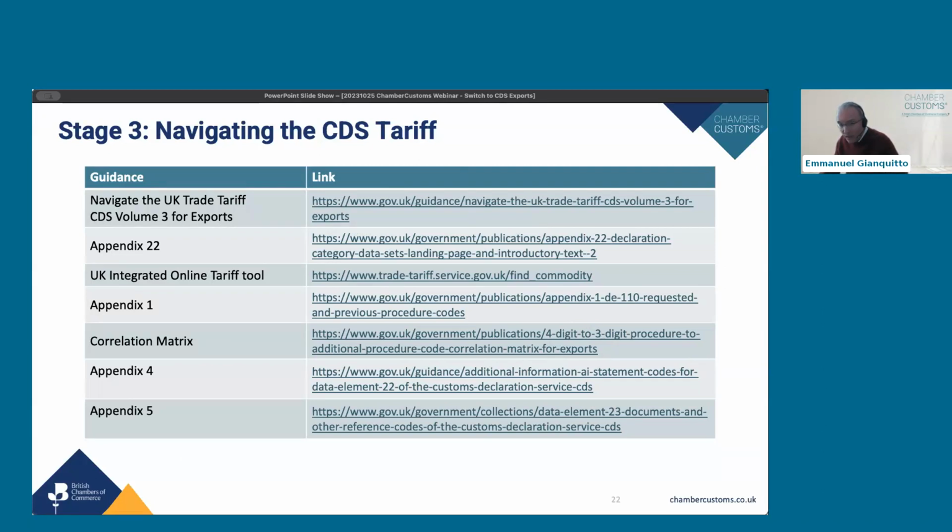The best answer I can give you is have a look at this 4-digit to 3-digit procedure code list, have a look at the 10.00098 and see how that maps to the new codes. Once you've found the new code, read the guidance for the new code and the new additional code and make sure that it's the same thing. Because it's not just a matter of different codes. We are dealing with different procedures, so have a look and see if it still applies.